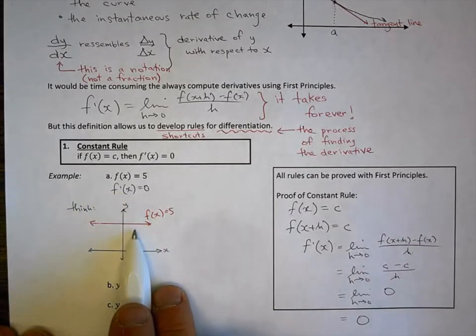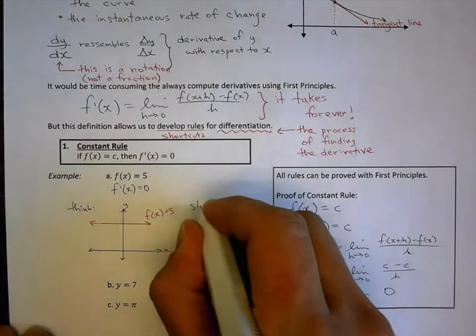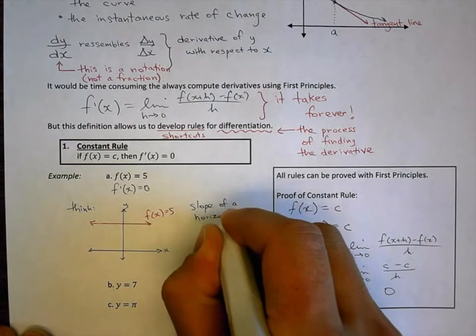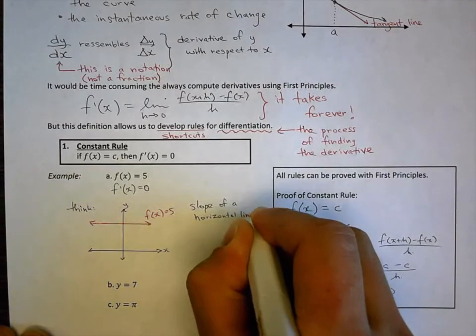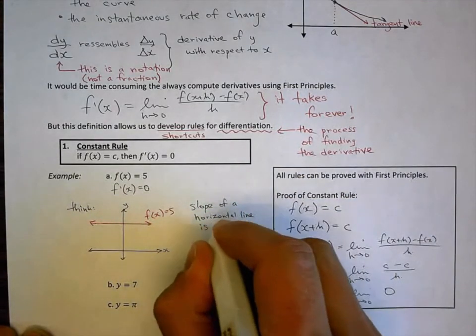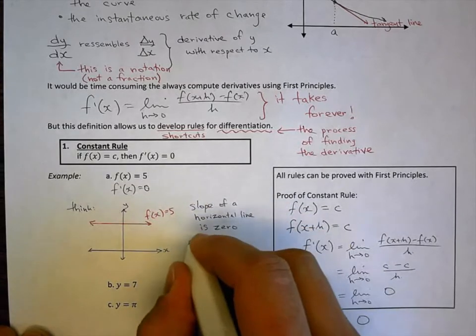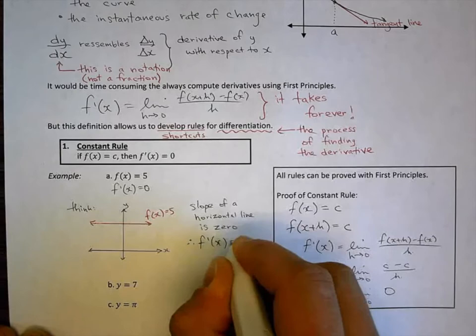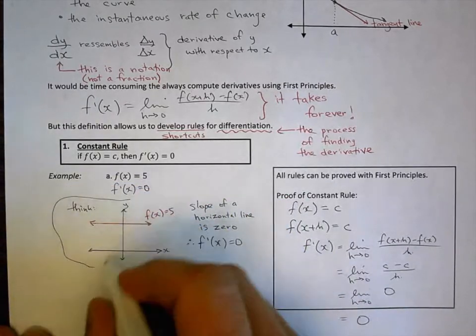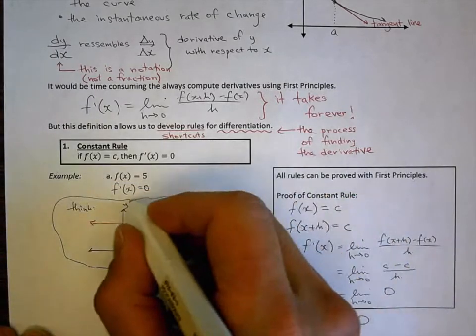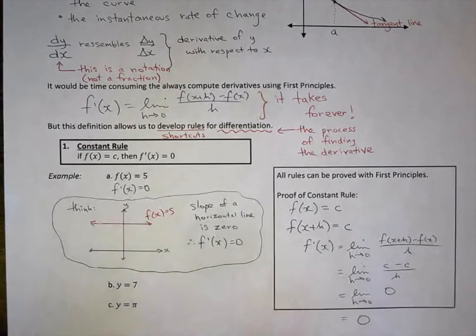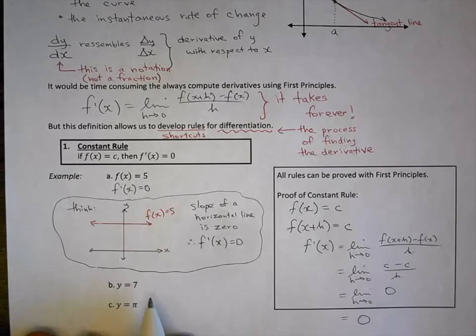What's the slope of a flat line? The slope of the line is 0. So it makes sense that the derivative is 0. And graphically, these two things will really kind of prove it. But for now, we just have to know how to deal with it.